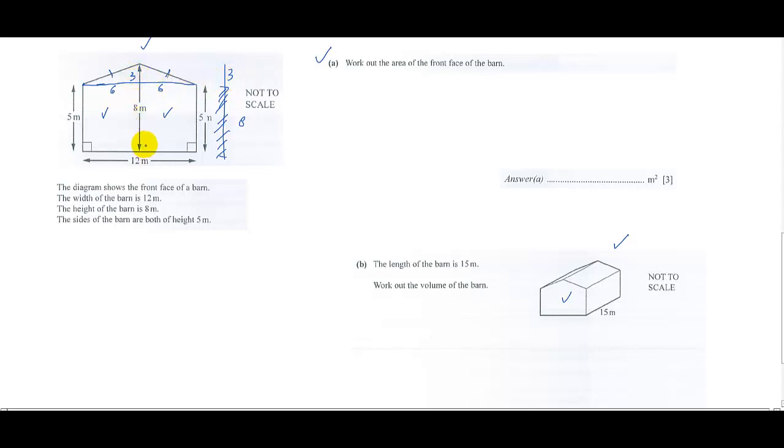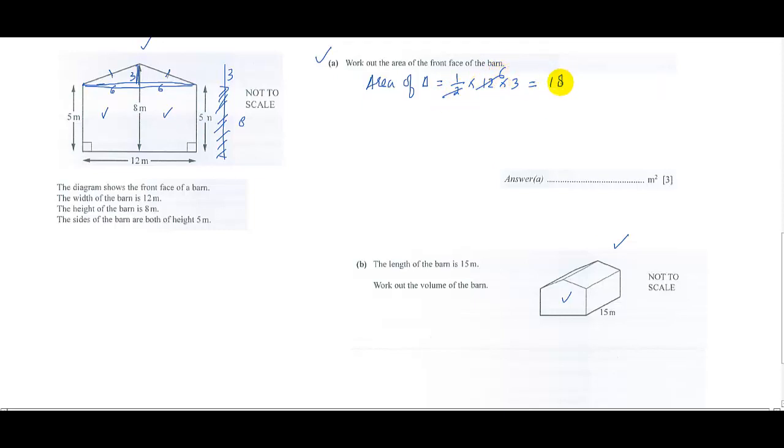Now to find the area of this front face, the area of the triangle is half, and its base is 12, and its height is 3. So the area of the triangle will be 18.